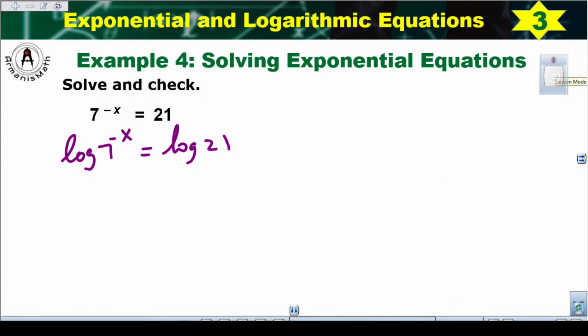So I am going to kick the negative x out. Log of 7 equals log of 21. Do you think I could divide by something here, or we're good? I'm going to divide by log 7 on both sides.